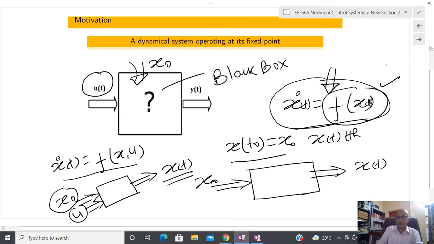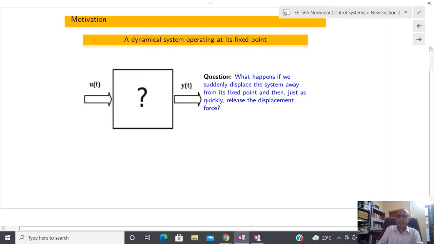My next question is: what happens if we suddenly displace the system away from the fixed point and then quickly release the displacement force? So I am interpreting this force as a displacement force. Suppose my system is at rest and after that I suddenly apply some kind of force.